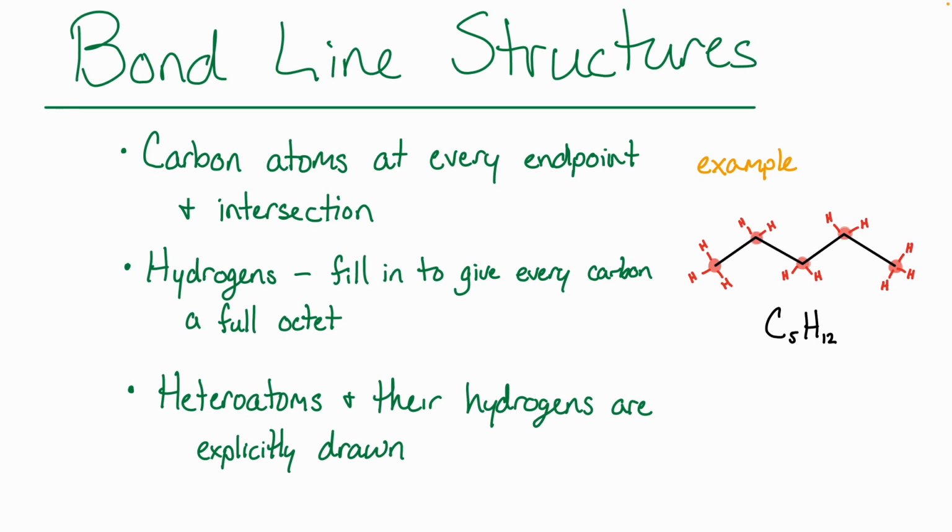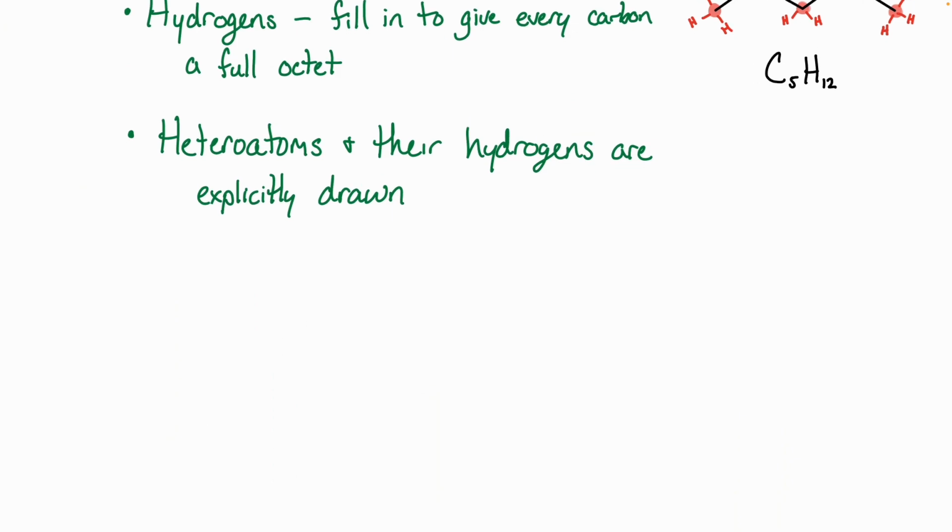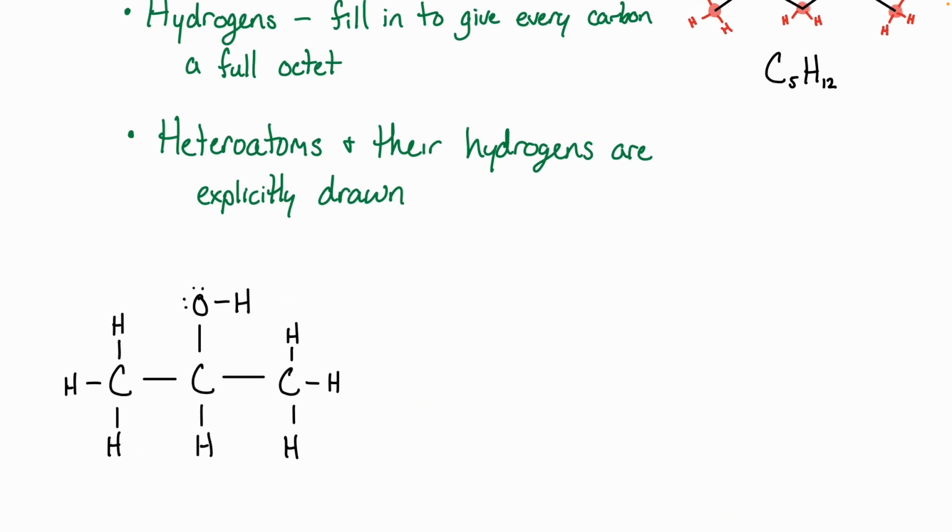Okay, so let's, for example, take this Lewis structure. All right, we did its condensed structural formula. We have its Lewis structure. Let's turn this thing into a bond line structure here. All right, so how many carbons am I going to draw? 3.